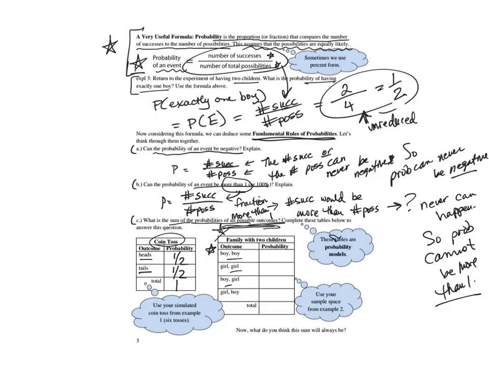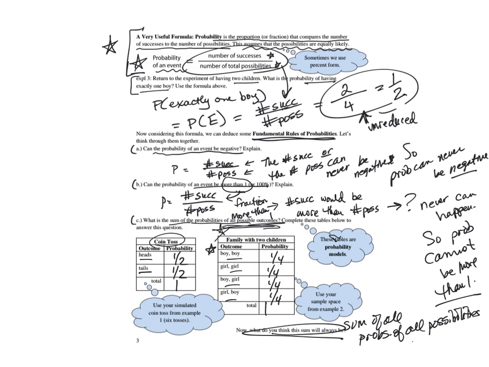For each of those outcomes, those are the probabilities. 1/4 all of them, wasn't it? The total is 1. The point of this is that the sum of all probabilities of all possibilities is always 1.